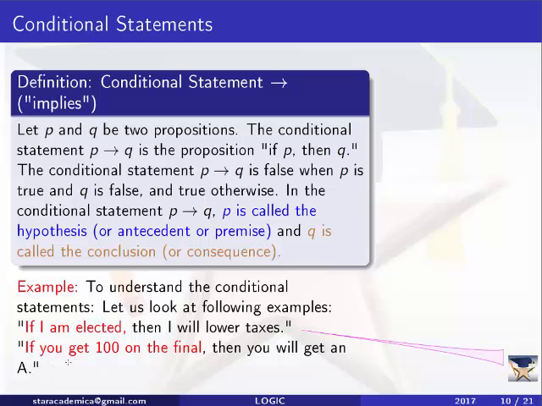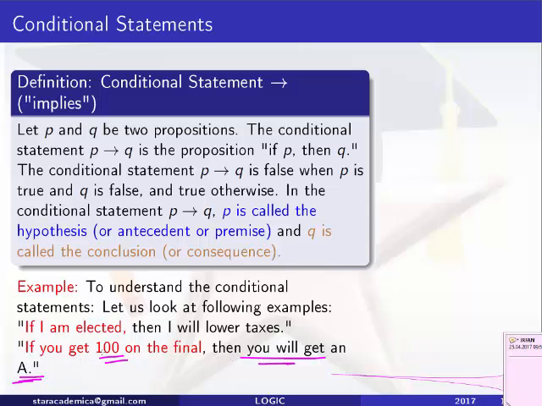Another example is a teacher saying to a student, if you get 100 on the final, then you'll get an A. So if the student doesn't get 100, he may or may not get an A, right?